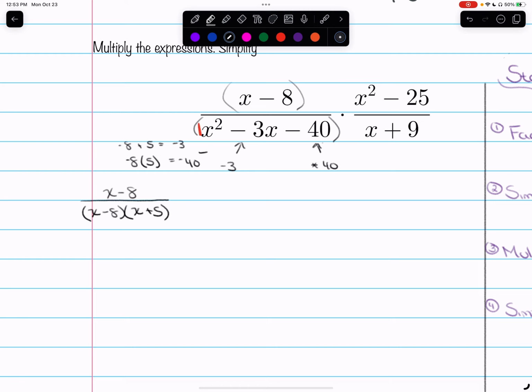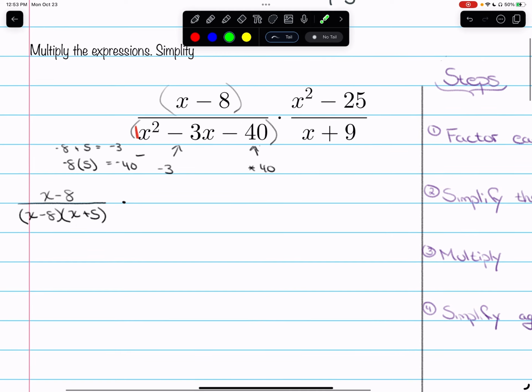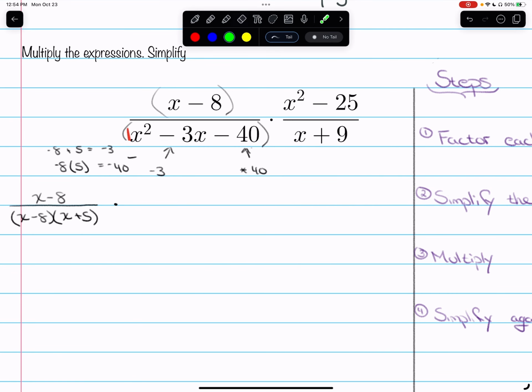Okay? So now we're going to take a look at this second fraction. The numerator is nice because this is what is called the difference of squares, okay? We have a perfect square in x squared. We have a perfect square in 25.